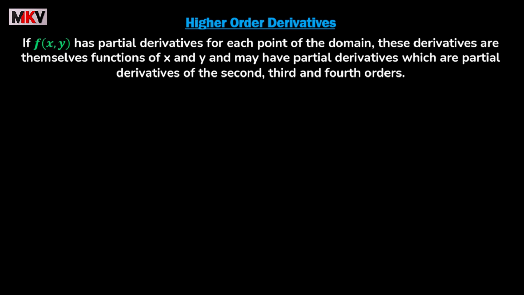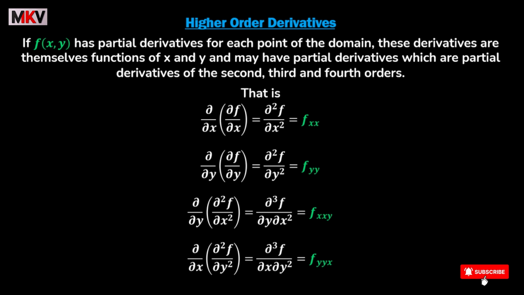So higher order derivatives already have their first derivatives determined, and we have to find their second, third, or fourth order derivatives. Such higher order derivatives are f sub xx, as we did earlier, which is the second order derivative with respect to x, and f sub yy, which is the second order derivative with respect to y, and it goes on to f sub xxy, f sub yyx, and other variables as well.